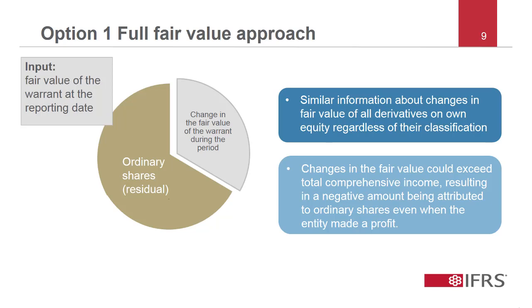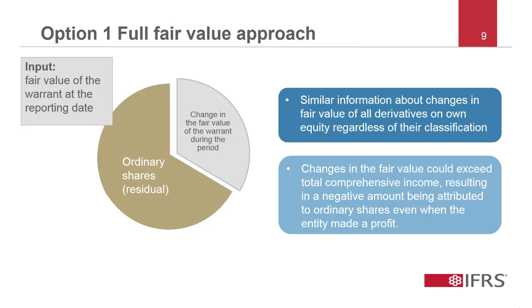This approach would provide similar information for all derivatives regardless of their classification, because it would provide information about changes in the fair value of the derivative for derivatives classified as equity, as well as those classified as derivative financial assets or liabilities. This means that the information provided under option 1 would be similar to the so-called narrow equity approach, in which only ordinary shares would be classified as equity instruments.